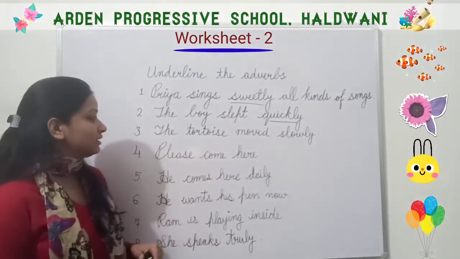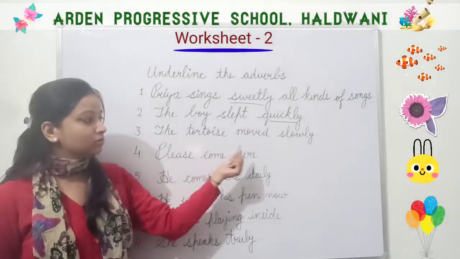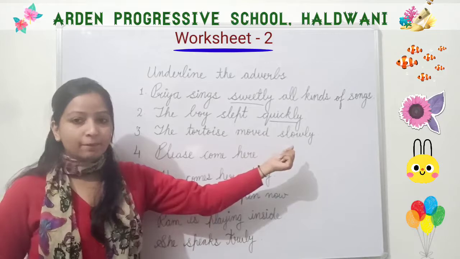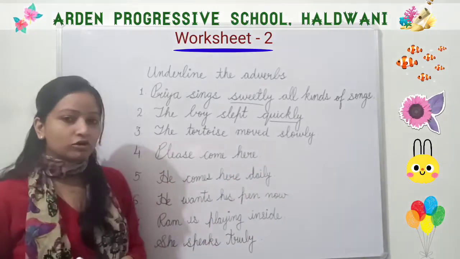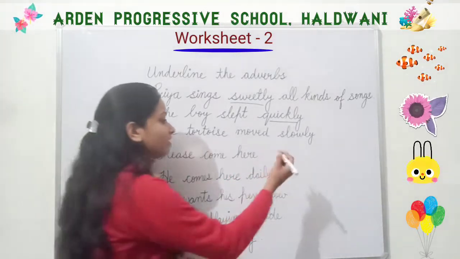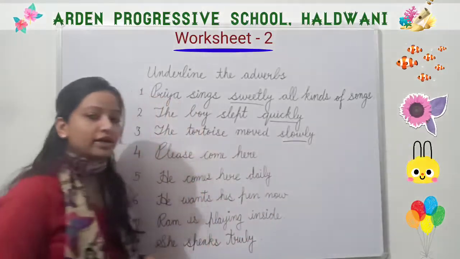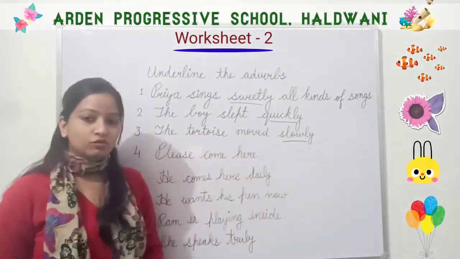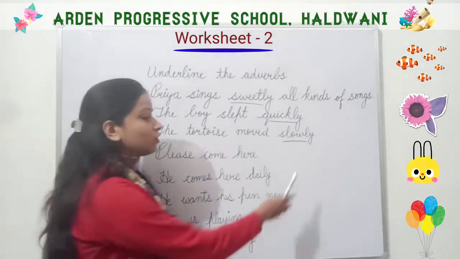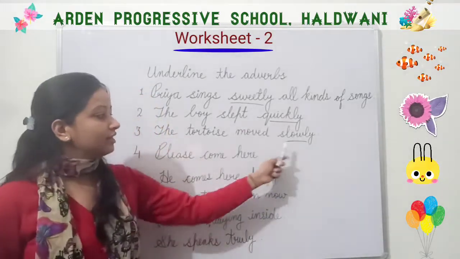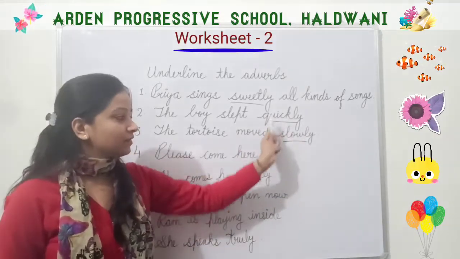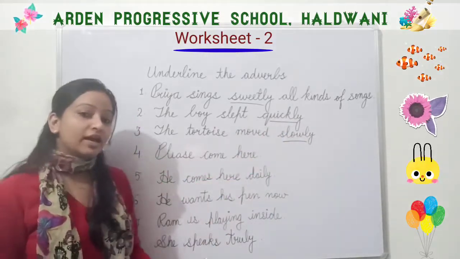Alright. Now the next. The tortoise moved slowly. As you know that ly is here, it is clear that slowly is an adverb. Which one is here the verb? Moved. Moved is the verb, and this word slowly is modifying the verb moved. So this is an adverb. Which kind of adverb?